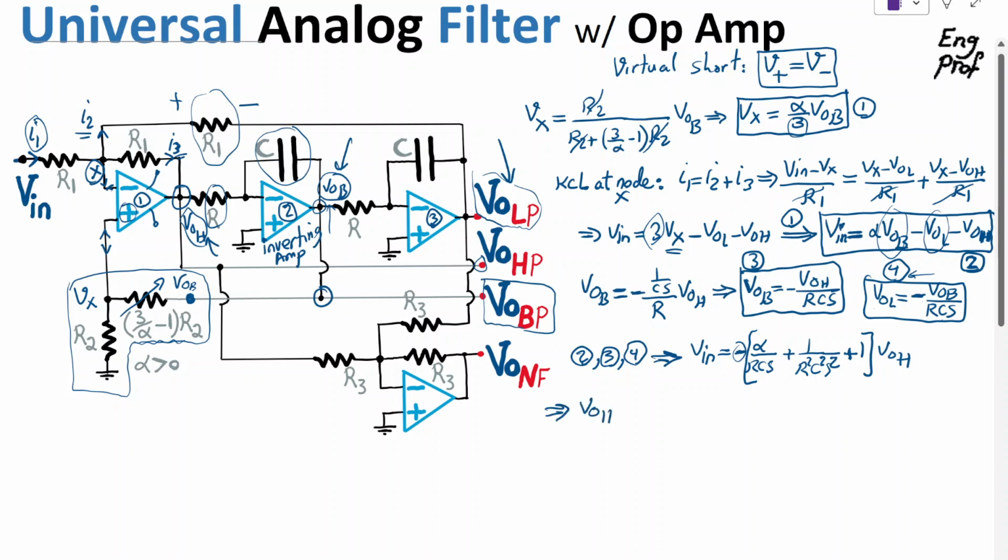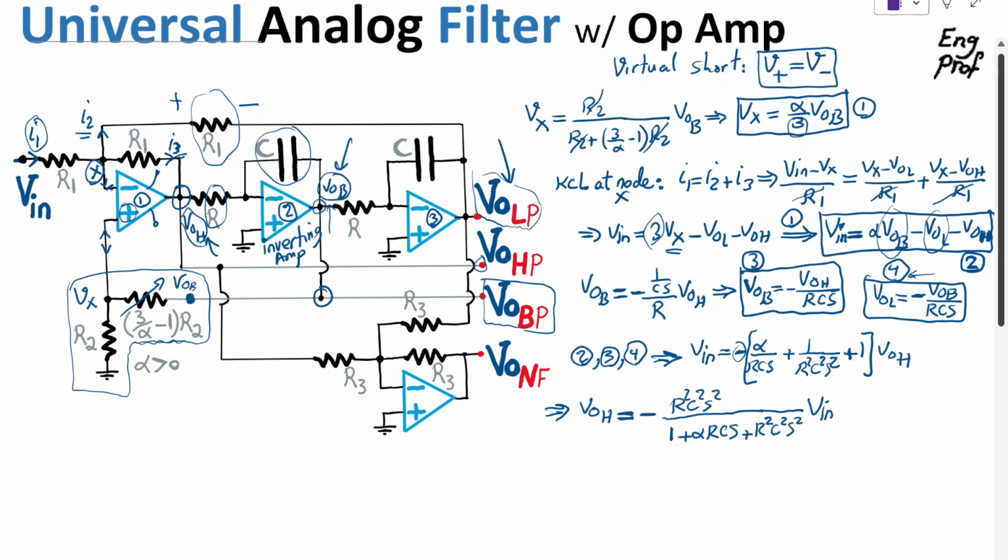In summary, I can say V out high pass is, if you just take care of simplifying the whole thing, which is the last step, we get minus R square C square S square, divided by, in the denominator we have obviously this outcome: 1 plus alpha RCS plus R square C square S square, and times of course Vn.